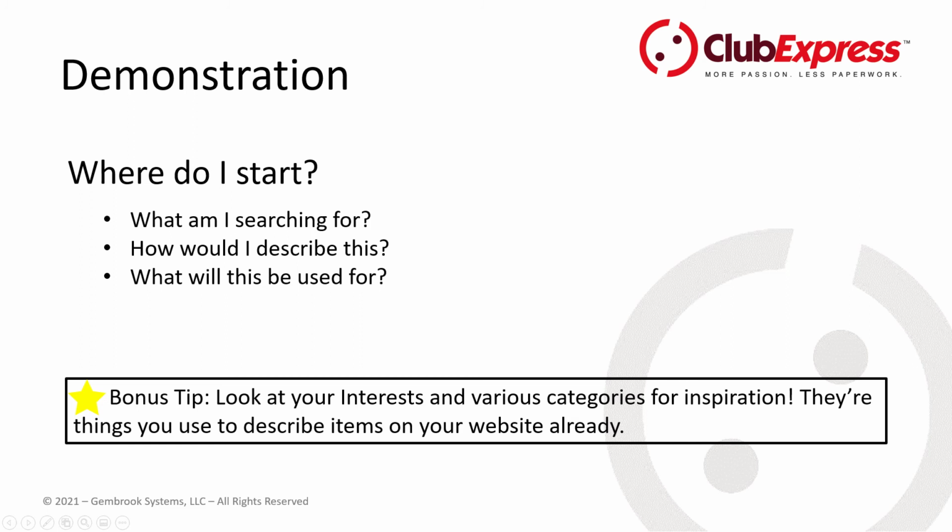Who is searching for those items? If you're adding internal documents that are visible to administrators only, they might be searching for things that are different than what your members might search for when they're searching through documents. How would you describe these items and what are they going to be used for? Are you adding reports to your document library? Are you adding stock photos to your photo library?